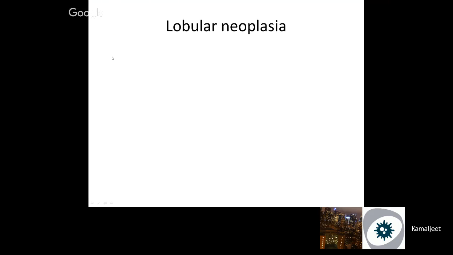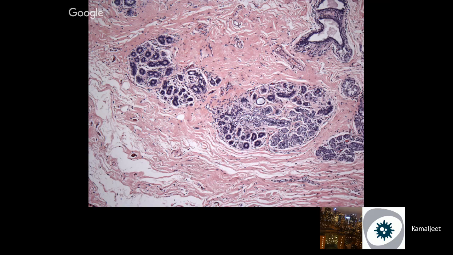Going to lobular neoplasia, I'll start with ALH. I'll just go over how you differentiate ALH versus LCIS. On the right, you have a lobule that is involved by atypical lobular hyperplasia, and on the left, there is a relatively normal lobule. What makes it ALH is this epithelial proliferation that has pale cytoplasm.